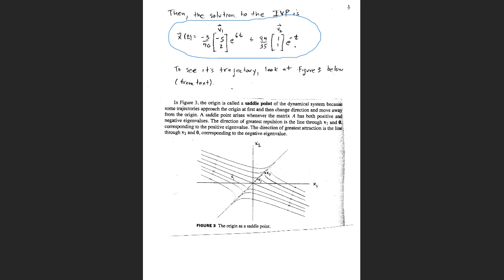That's why it's in the first quadrant. Now, what are these trajectories doing? To follow the trajectory, you have to let time increase. Looking at the solution here, you have two components to this solution.